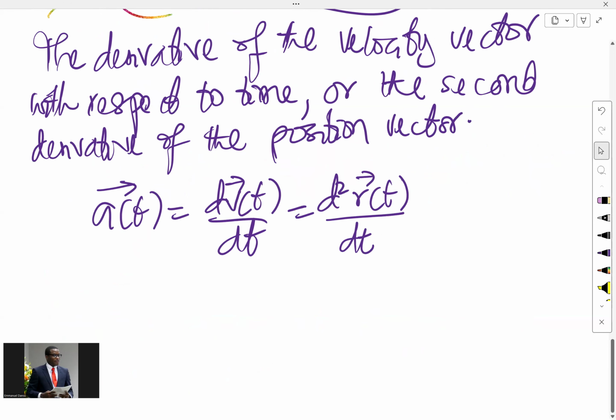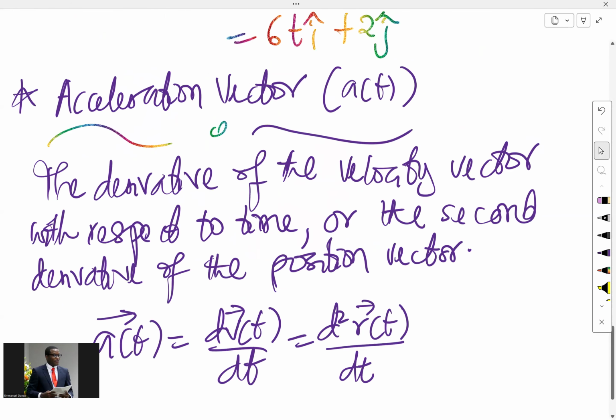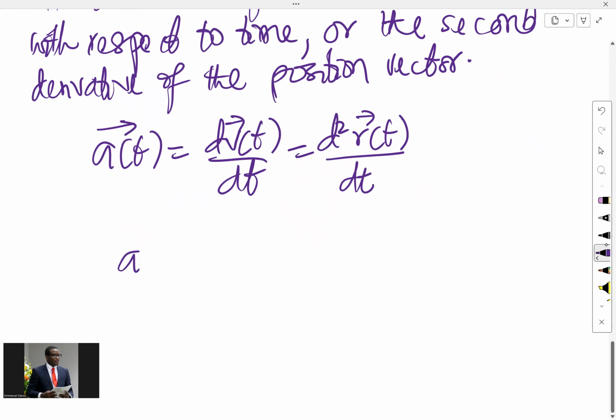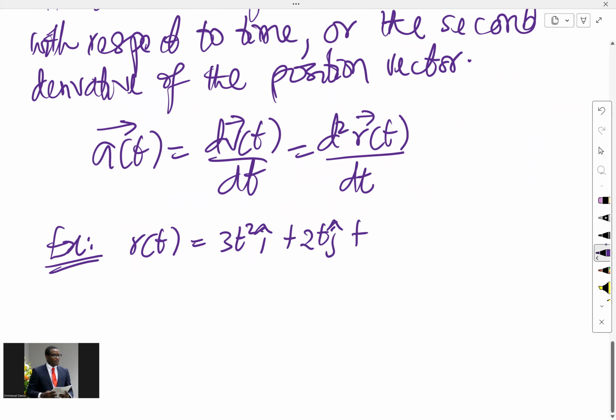And then, of course, if you want to calculate the acceleration of what we've been looking at, that original position vector we considered, right? We had r of t as the position vector, which is 3t squared i plus 2t j plus 4k.